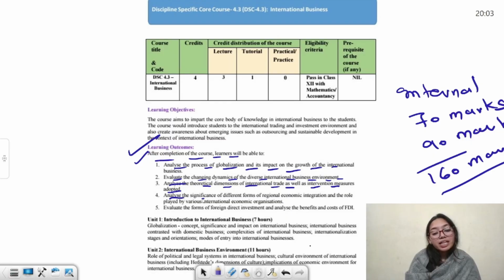You will be able to analyze the significance of different forms of regional economic integration like SAARC, NATO, ASEAN, and the role played by various international economic organizations, and you will be able to evaluate the forms of foreign direct investment and analyze the benefits and costs of FDI.